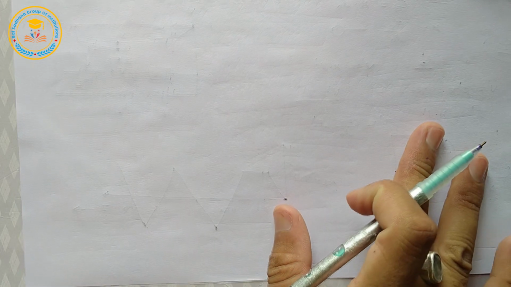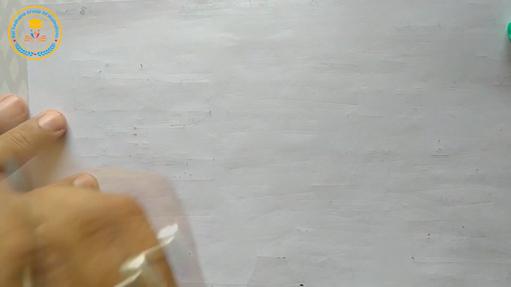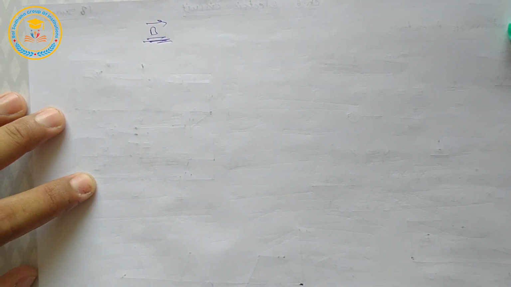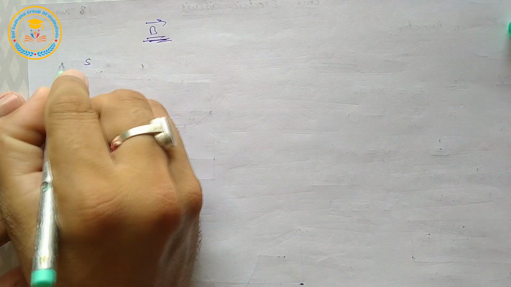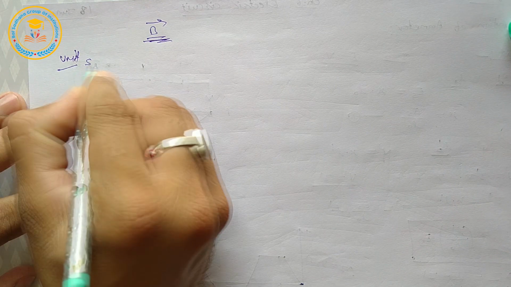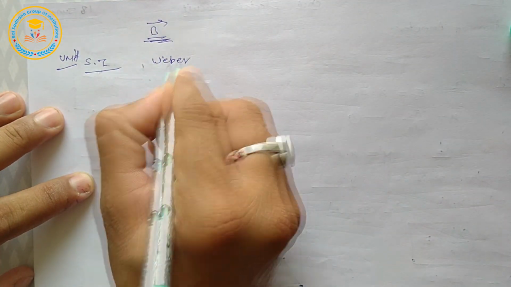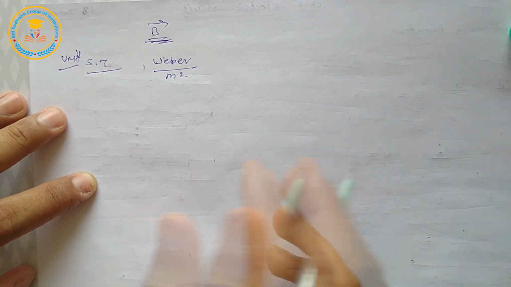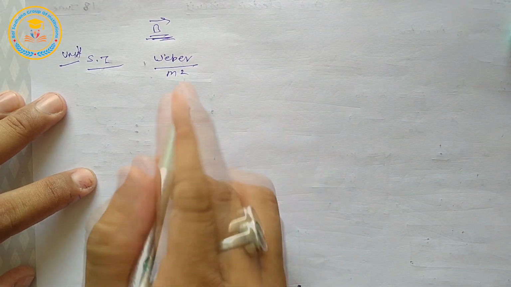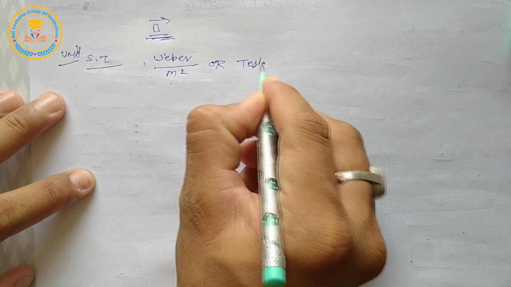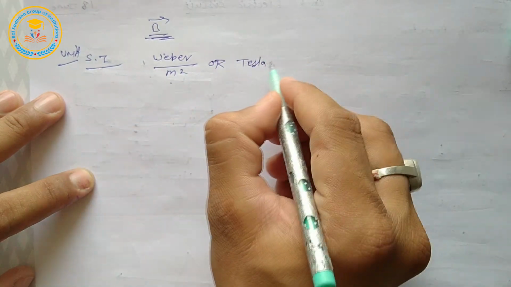Now, magnetic field, this B vector is a vector quantity. And the unit of this magnetic field in SI system is Weber per meter square, or we can say Tesla.